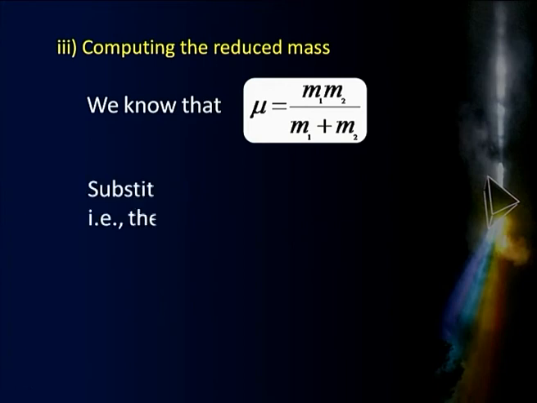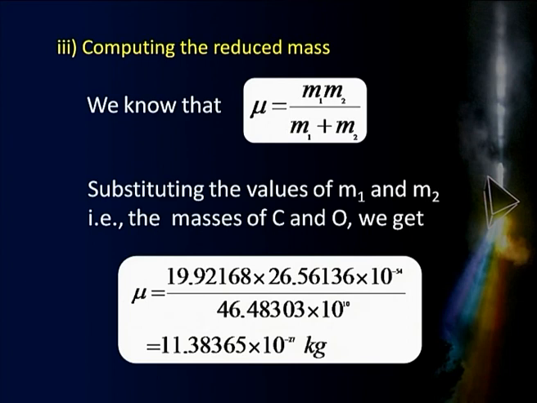When I do that for our molecule, carbon monoxide, we put the masses of carbon and oxygen here, and we get the value of reduced mass to be 11.38365 into 10 to the minus 27 kg. So, you get the value of mu by substituting the masses of the respective atoms constituting the molecule.